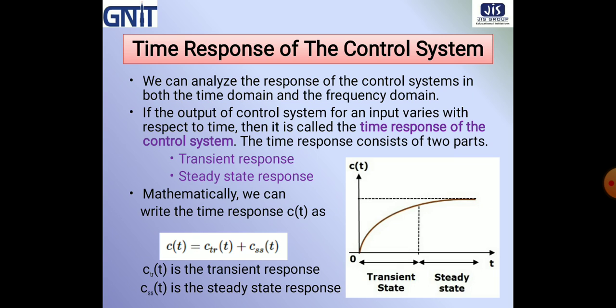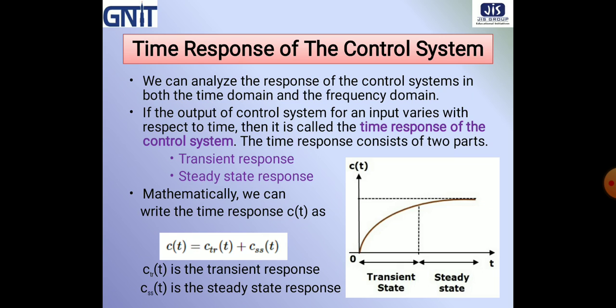So if the output of the control system for an input varies with respect to time, then it is called time response of a system. And the time response of a control system generally has two parts, that is transient response and steady state response.